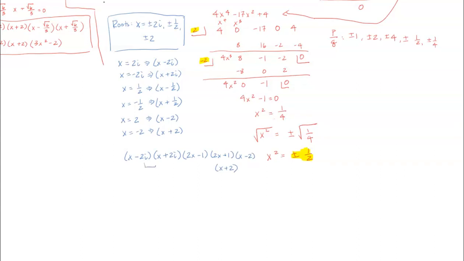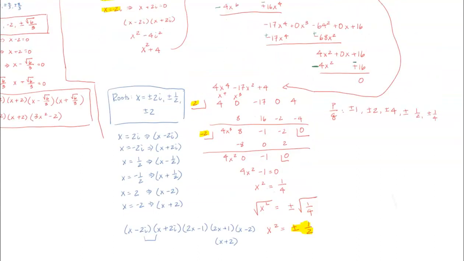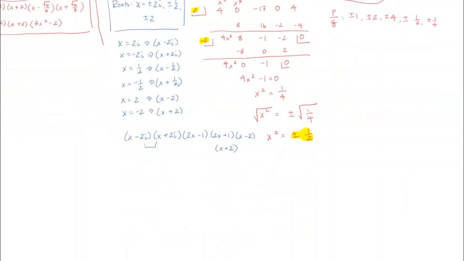You could just put these together, and at the beginning we had the x squared plus 4, so you can put x squared plus 4 if you want, and it'll be 2x minus 1, 2x plus 1, x minus 2, x plus 2.